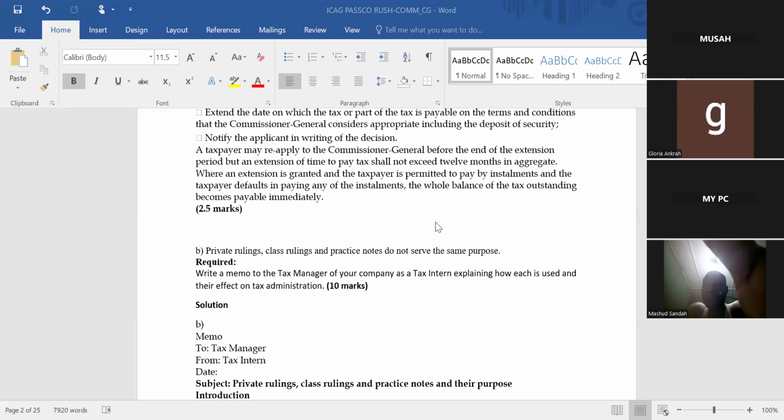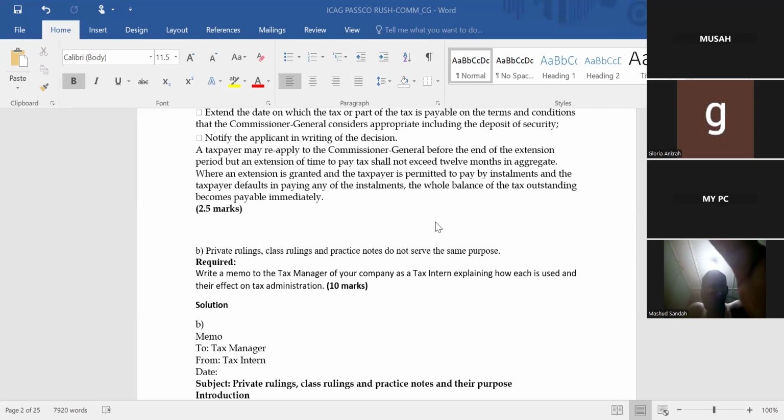It's for one taxpayer. So it means that, let's say, if Musa Enterprise is also in the same industry and facing the same challenge, Musa Enterprise cannot rely on Clement Enterprise ruling because it is what? Private. So what the private ruling does is that you cannot rely on it. It is only directed to one taxpayer, while the Commissioner General is explaining the treatment of a transaction.